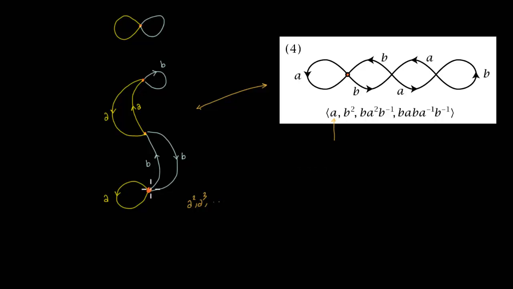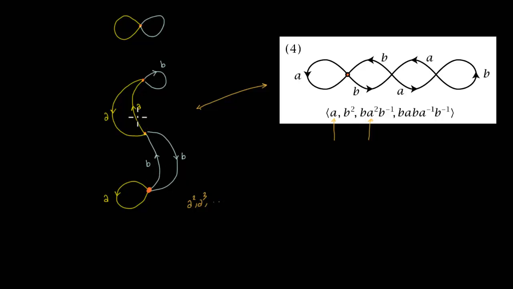Then b square standard, you go up and then you come back to the base point, you get b square. Then b a square, b inverse. So you have b and then you go this a square and then you go b inverse. So that is this generator. Obviously you could have also gone like this.